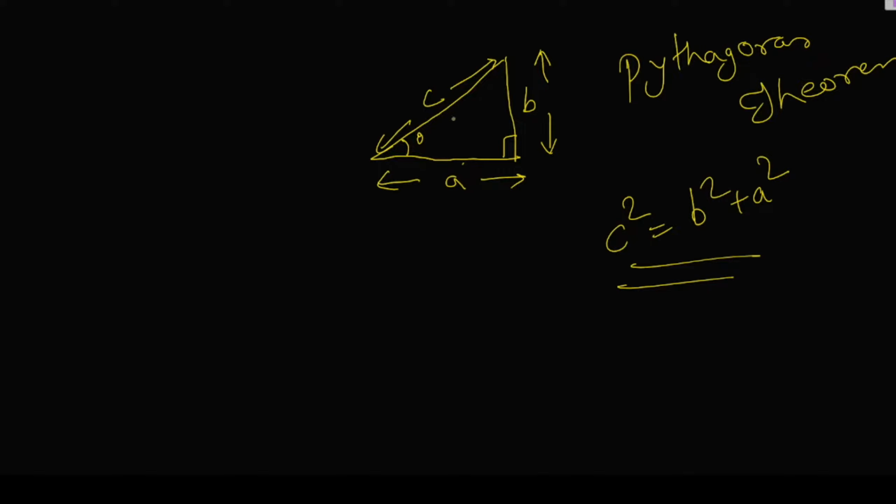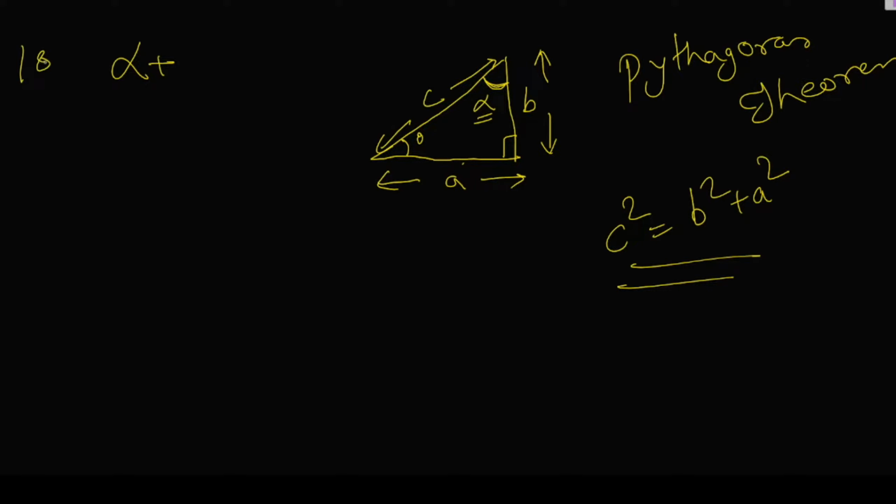So say if this is theta, what will be this value? Suppose we name it alpha. Let's find the value of alpha. So we know the sum of the angles of a triangle is how much? 180 degrees, right?